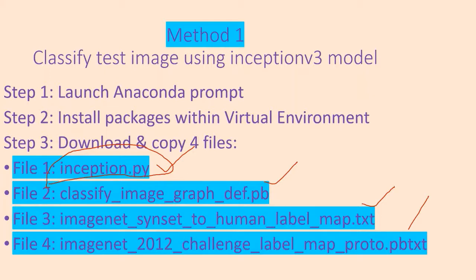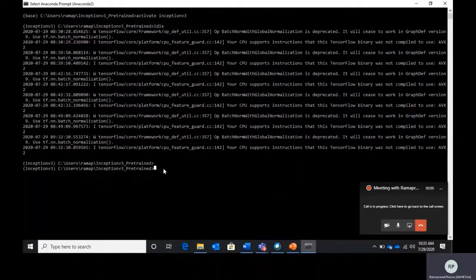I will demonstrate how you can download and copy these files, and how you execute and classify the images. See that I have launched Anaconda prompt and activated a virtual environment called Inception V3.